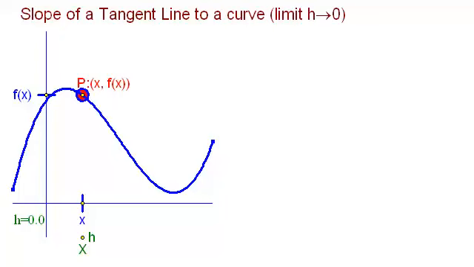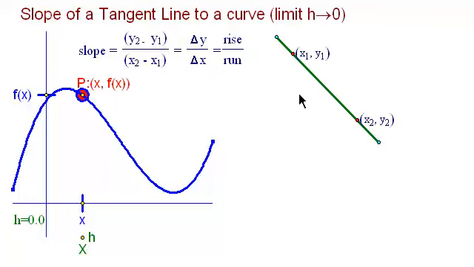But you have learned how to find the slope of a line when the coordinates of 2 points are given. So if the 2 points are given, we know how to find the slope of a line like this.